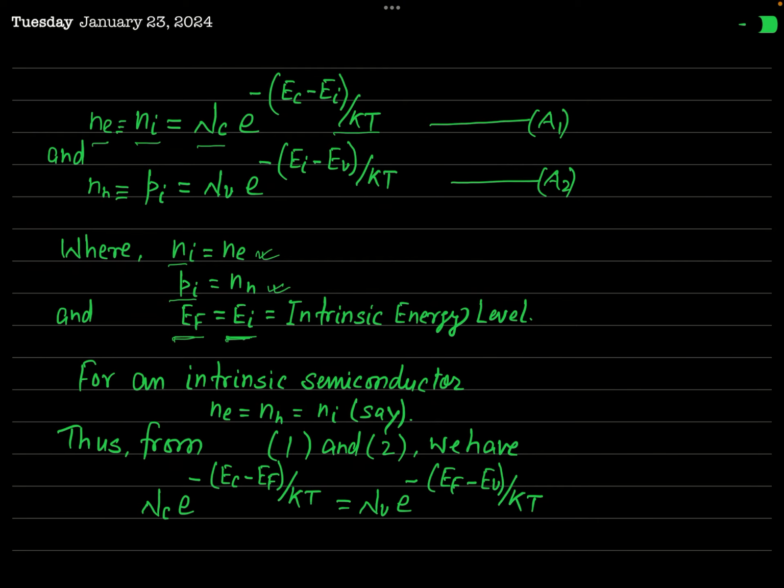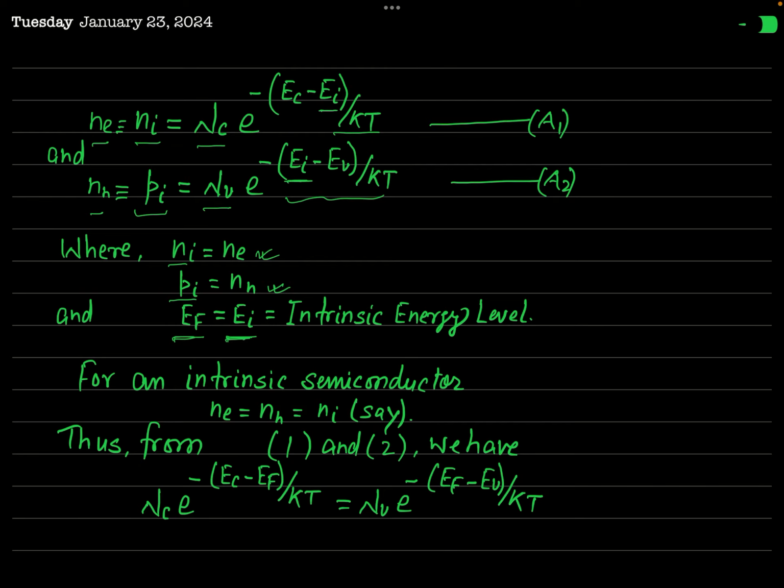You can see here this Ef has been replaced by Ei, only to indicate that we are going to use this result only for intrinsic semiconductor. And Nh, which is now written as Pi, is given as Nv times exponential raised to the power minus (Ei minus Ev) over kT. You can also see that the Ef, which was originally present here, has been replaced by Ei.